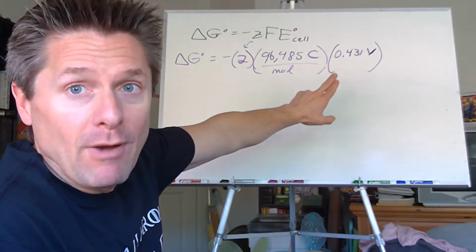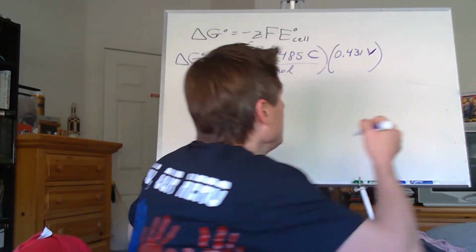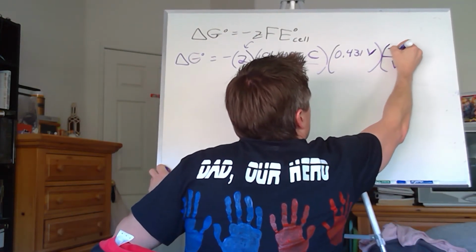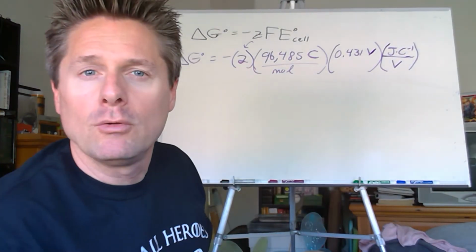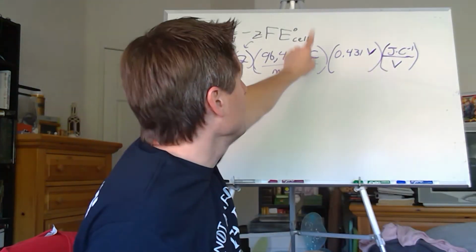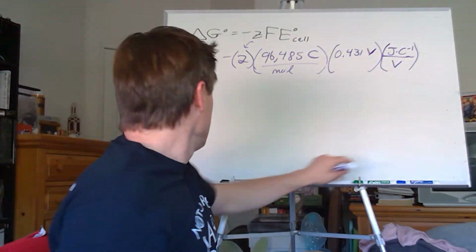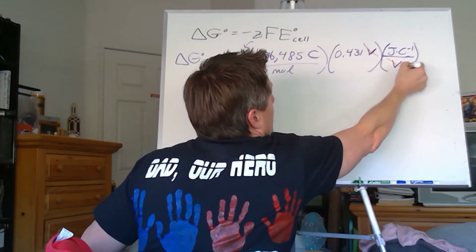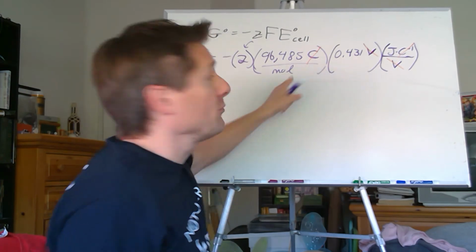So we're going to have to rewrite volts. Now you can either just erase volts and put joules per coulomb, or you could do a quick little thing like this and go a volt is a joule per coulomb, if you want to do that. Or if you just want to erase V, put joules over coulombs, coulombs cancels that, put you directly in joules. I don't care which way you do that, but can you see the volts cancels? This will be inverse coulombs, leaving you with joules per mole.